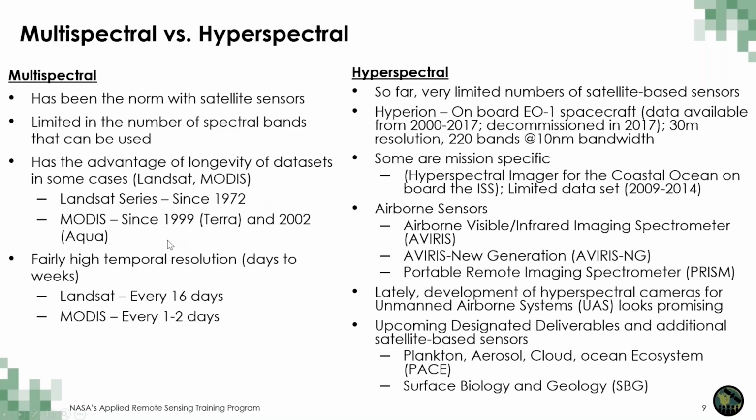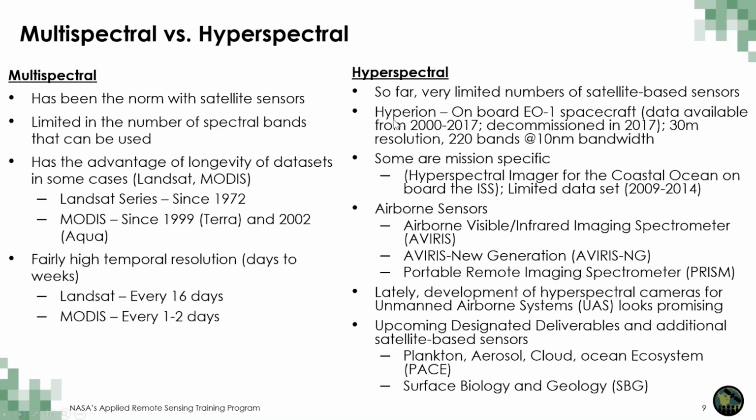And the MODIS series, both on Aqua and Terra, have been around since the late 1990s or early 2000s. And they also have a fairly high temporal resolution, on the order of days to weeks. In the case of Landsat, it's every 16 days. In the case of MODIS, every 1 to 2 days. So there's a lot of data associated with multispectral sensors that can be used for both land and coastal and ocean systems.